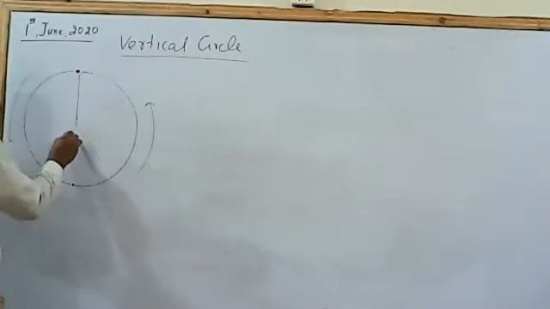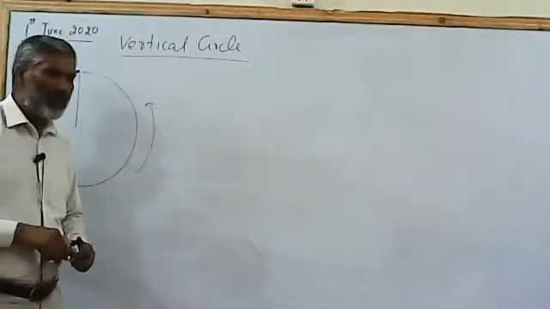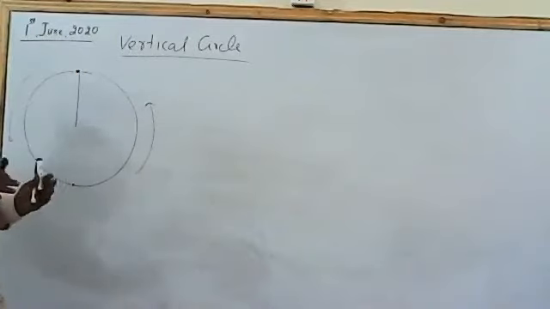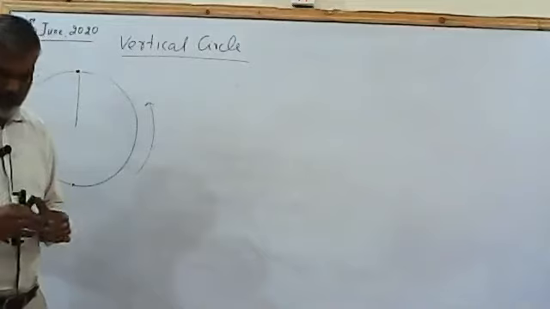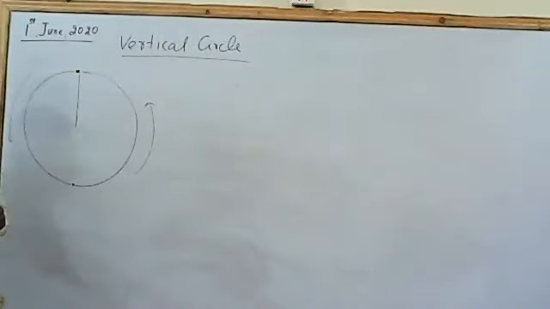It may be a string to which a stone is tied, it may be a stiff rod at the end of which some mass is attached, or there may be a variety of situations there, but your syllabus keeps it simpler. There are not many complicated situations usually discussed in mechanics.